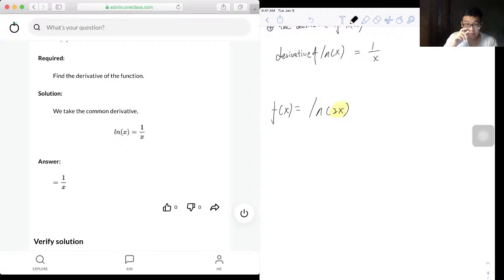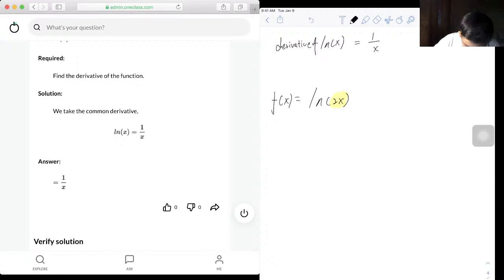So we need to take the derivative of this. So in this case, the derivative of it will be 2 over 2x.